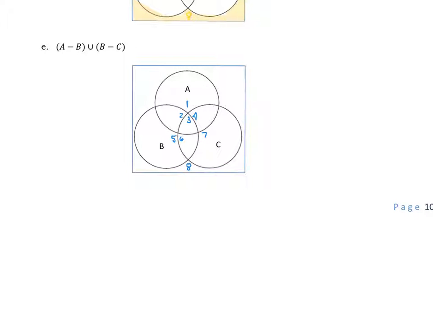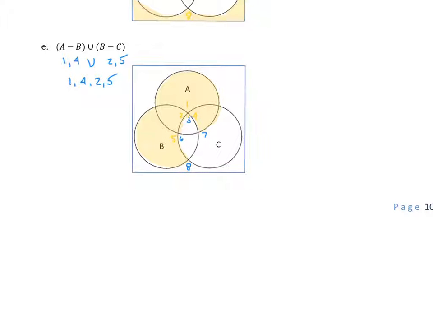So we look at set A and remove anything that had to do with set B. The union of that and the difference of B and C. So we're going to look at set B and remove anything that had to do with set C. So we're just left with regions 2 and 5. So I'll be shading regions 1, 4, 2, and 5.